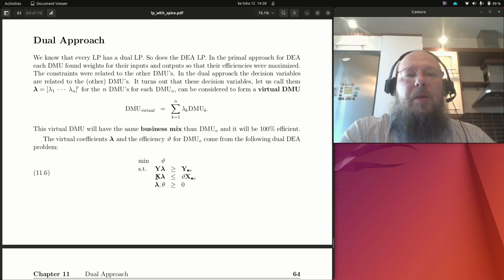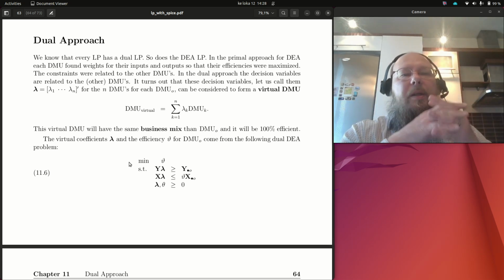And for the inputs, it goes the other way around, except that here there is this theta. That's the dual DEA.